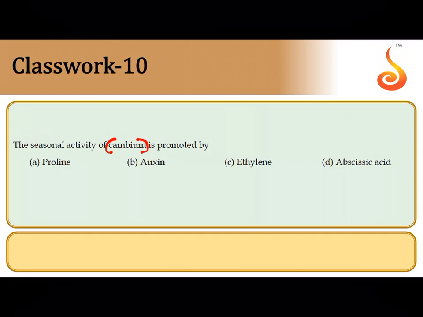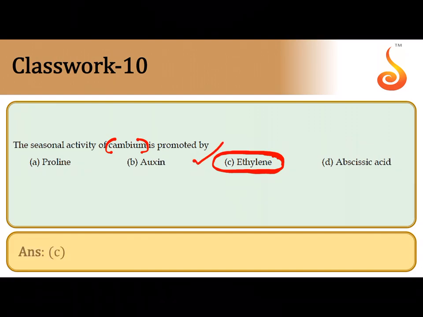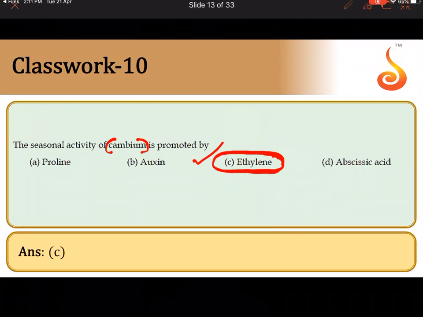So cambium is meristematic tissue, and mostly meristematic tissue is under the influence of the volatile plant growth regulator, which has a dual role. We had discussed in the synopsis that ethylene has a dual role. So this seasonal activity is under the direct influence of ethylene, which can function under certain circumstances as a growth inhibitor and under certain circumstances as a growth promoter.